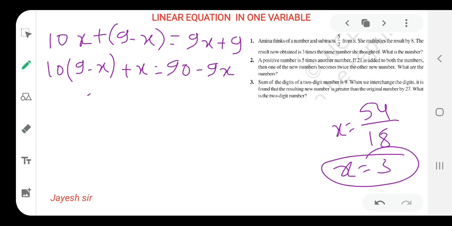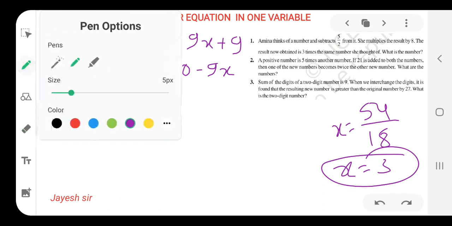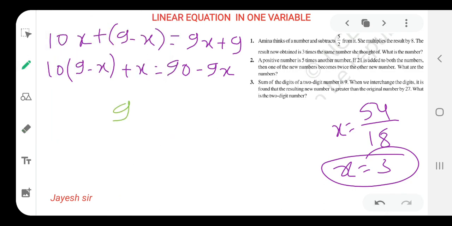Our first equation was 9x plus 9. But before that, which numbers did we assume? We assumed two numbers, x and 9 minus x.